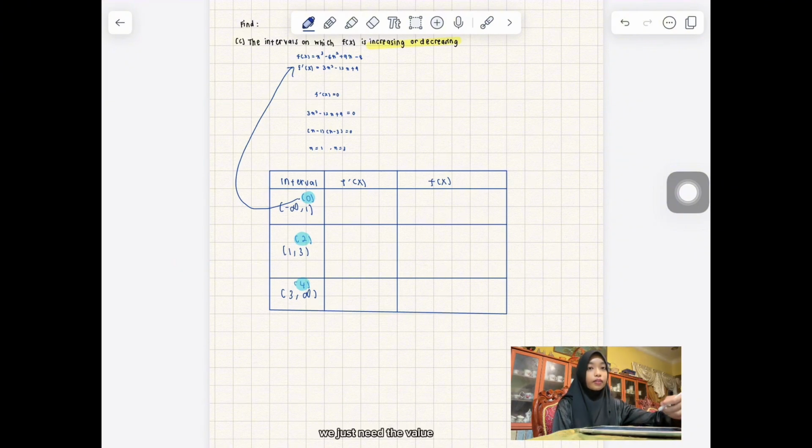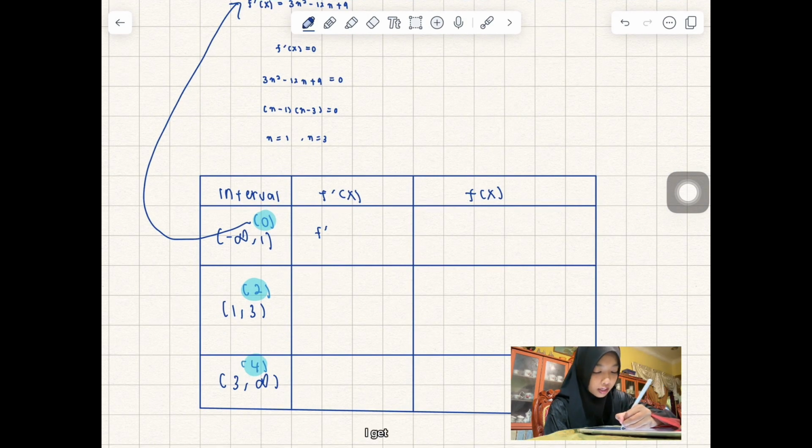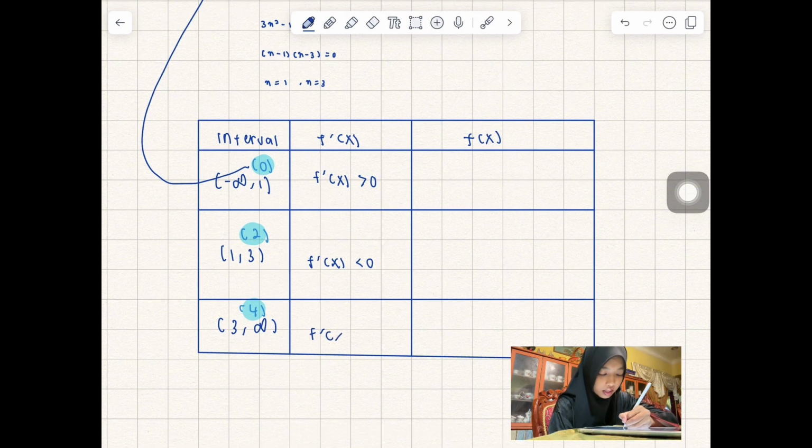We just need to know whether it is bigger than 0 or less than 0. For negative infinity to 1, the derivative is bigger than 0. For 1 to 3, I get less than 0. And for 3 until infinity, it is bigger than 0.